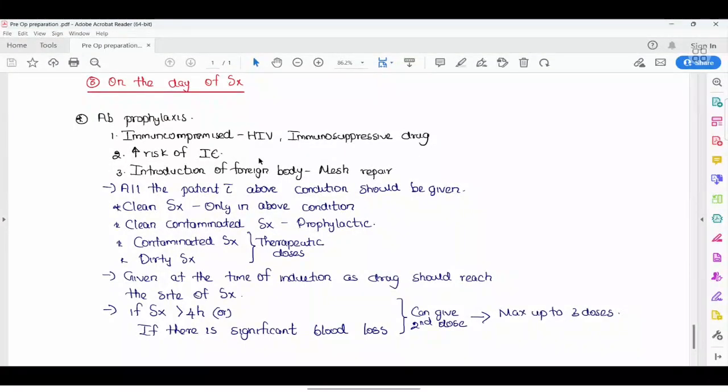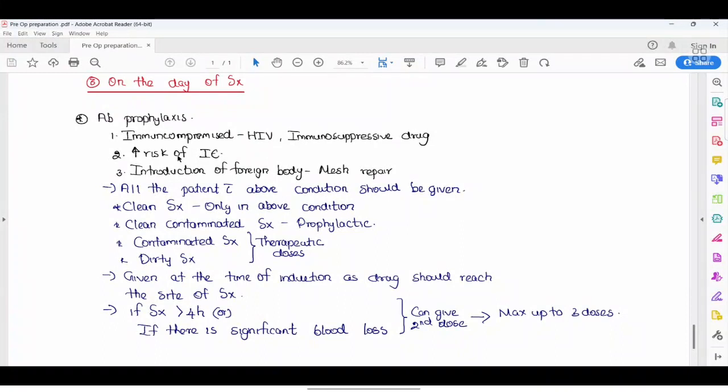It doesn't need any antibiotic prophylaxis. But certain patients with certain conditions need antibiotic prophylaxis despite the surgery, like immunocompromised patients, patients diagnosed with HIV, or those on long-term immunosuppressive drugs like steroids. Then we have to start antibiotic prophylaxis for the clean surgery.